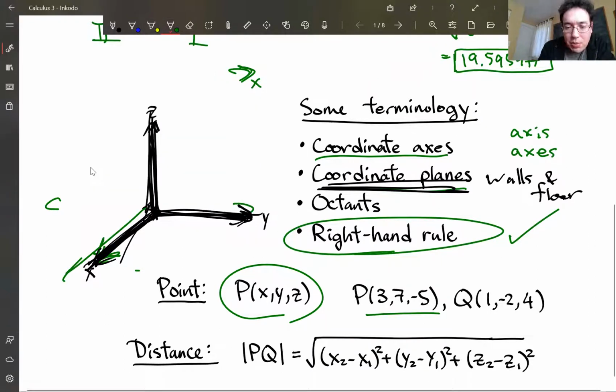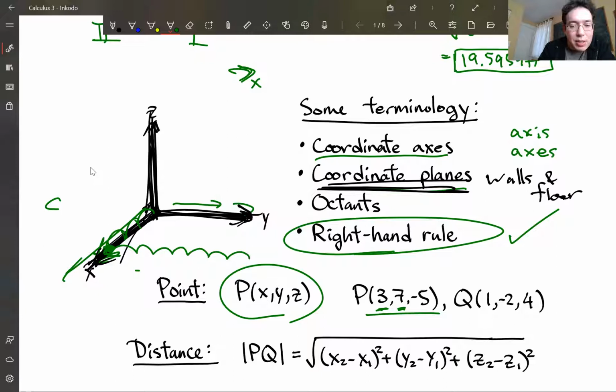Okay, I'm going to step 3 spaces in the x direction, so 1, 2, 3, starting from the origin. And then I'm going to go 7 units in the y direction. So I'm here, and I'm going to travel parallel to the y-axis: 1, 2, 3, 4, 5, 6, 7.